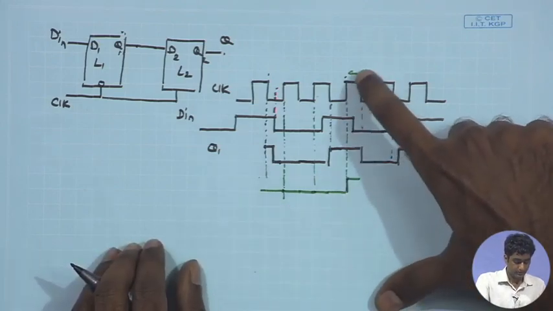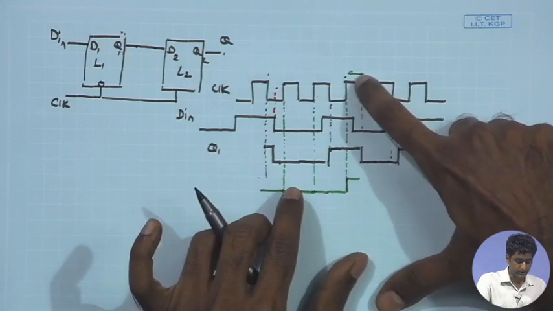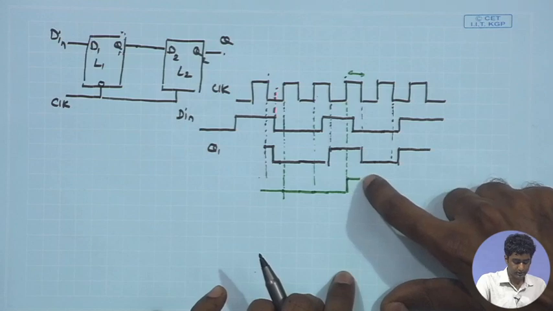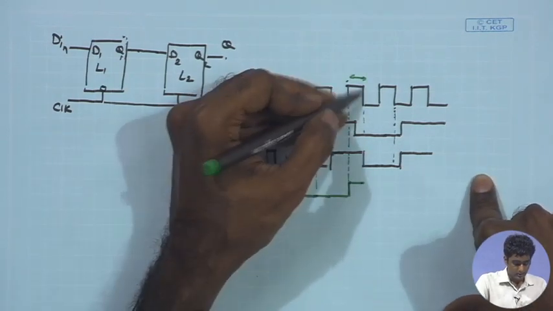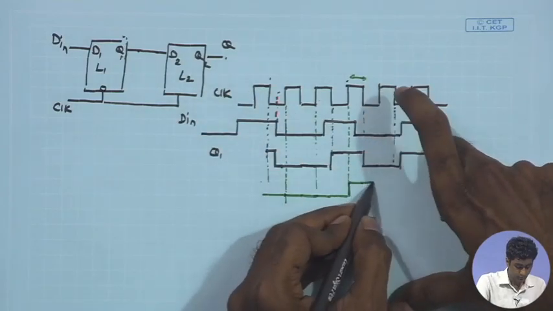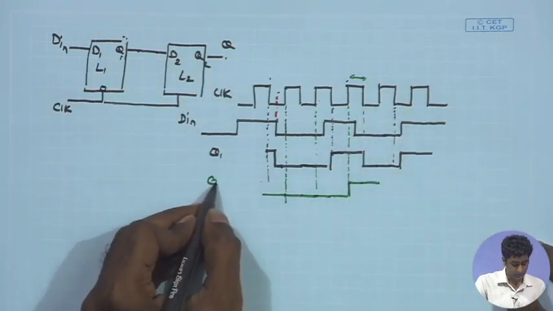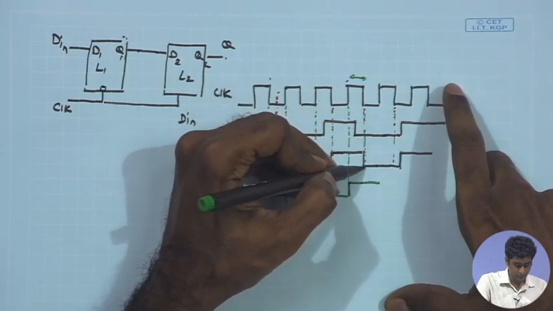And once again during this entire positive phase of the clock, it will remain constant, it will retain its state. Now, during this negative phase, therefore, the level of Q2 remains as it is, it remains constant. If you look at this point, this can be a crucial juncture to observe.